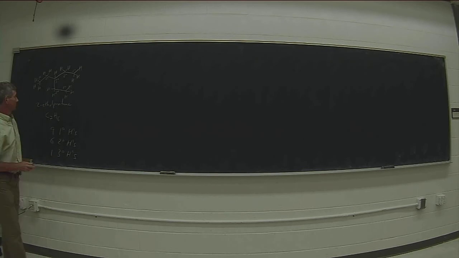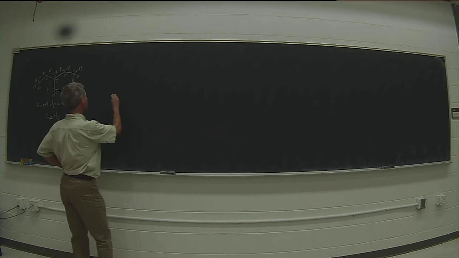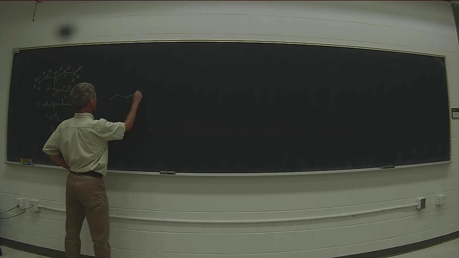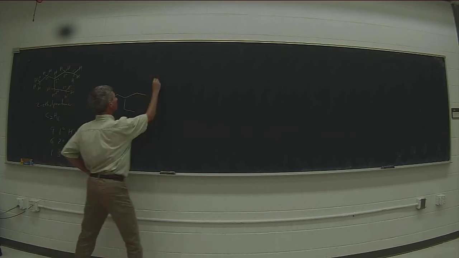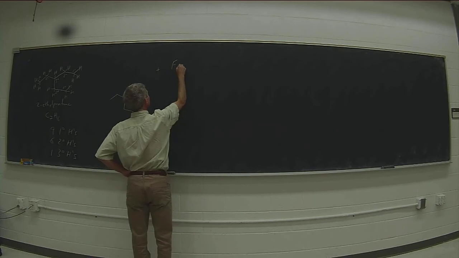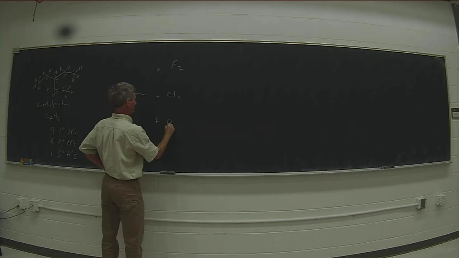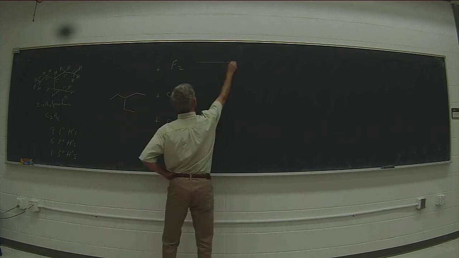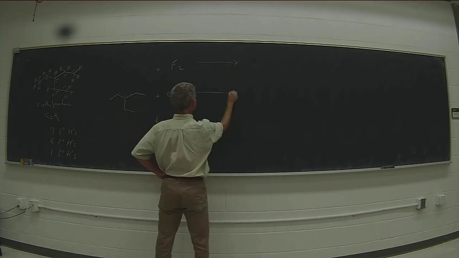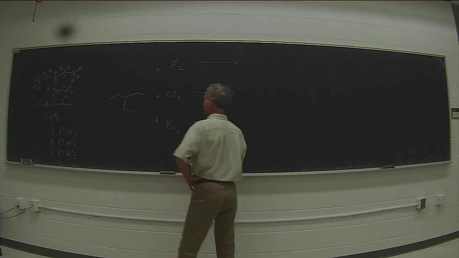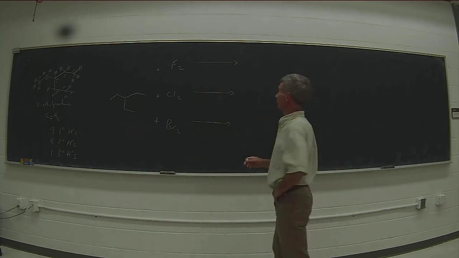If we subject 3-ethylpentane to free radical halogenation with fluorine, chlorine, and bromine, in each case we should get 3 possible products.